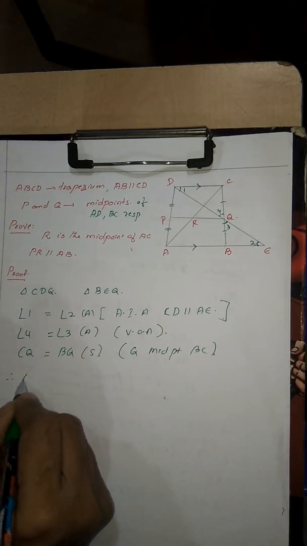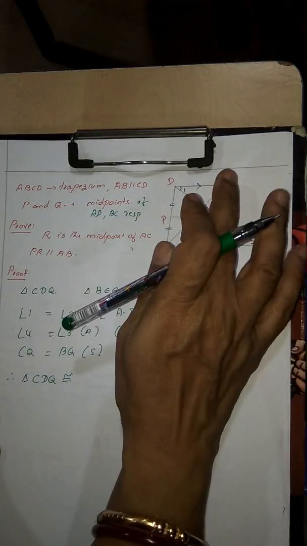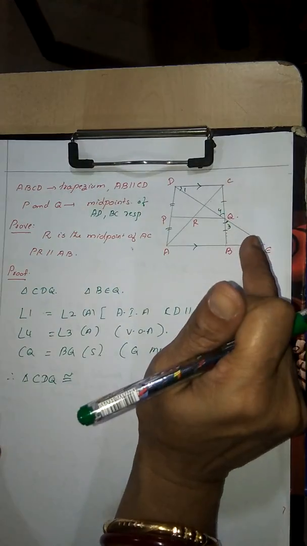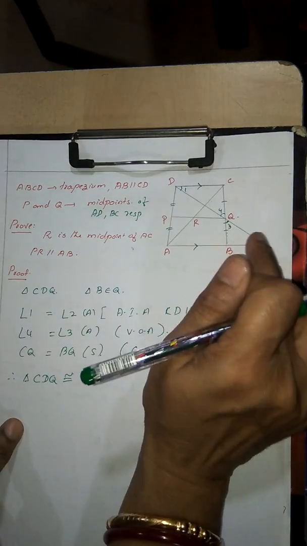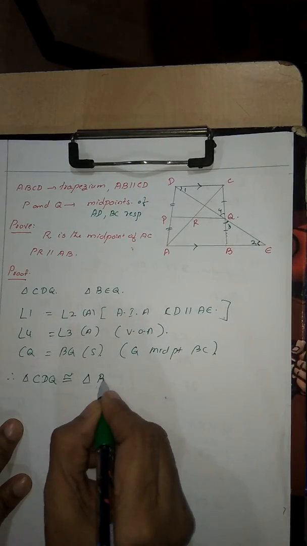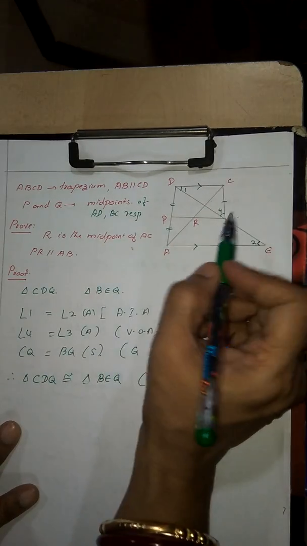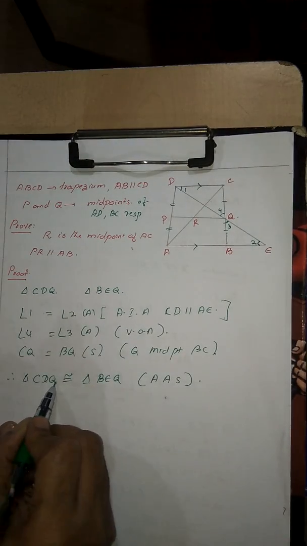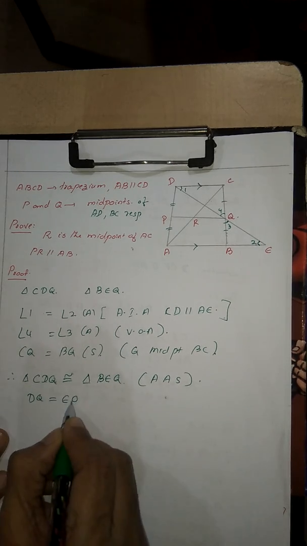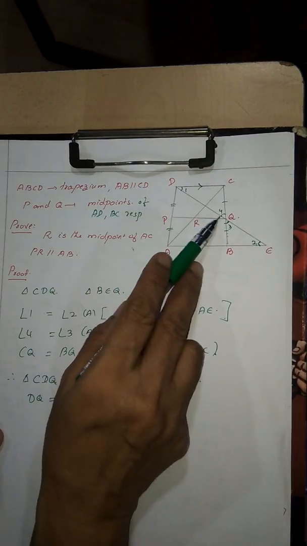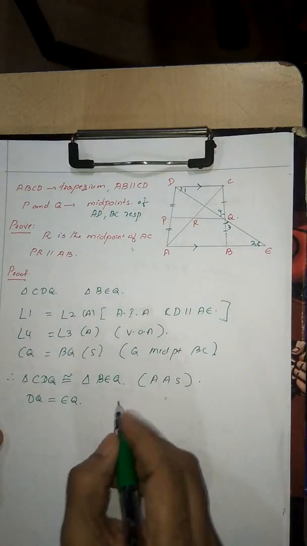So we can say triangle CDQ is congruent to triangle BEQ by AAS congruence. From that we can say DQ is equal to EQ. So DQ is equal to EQ means Q is the midpoint of DE by CPCT.